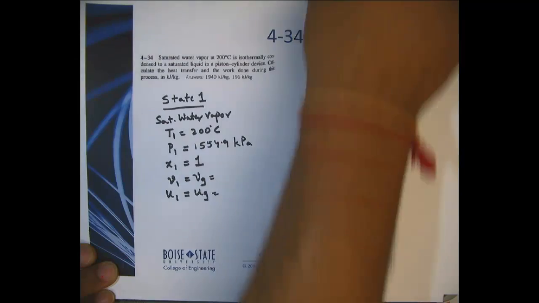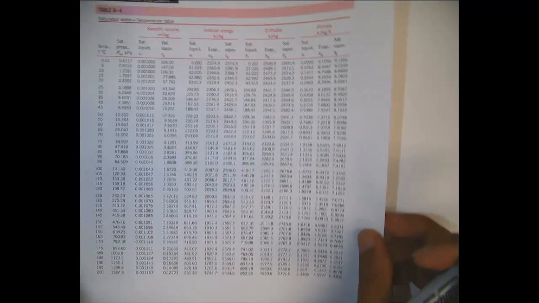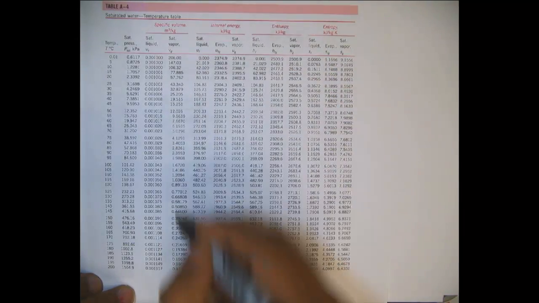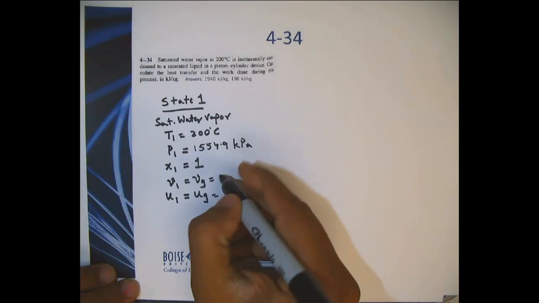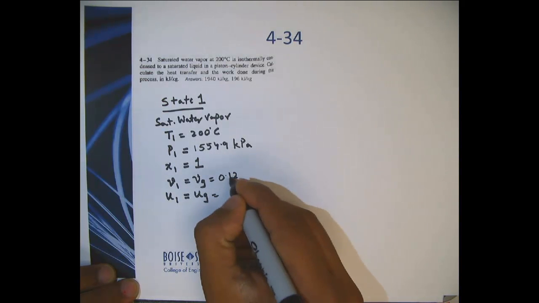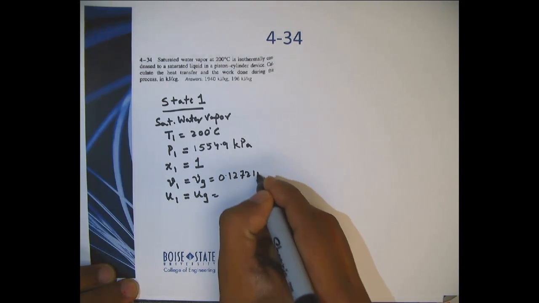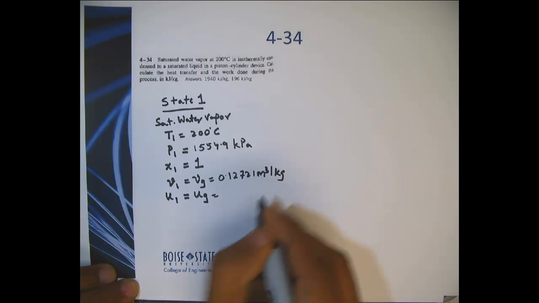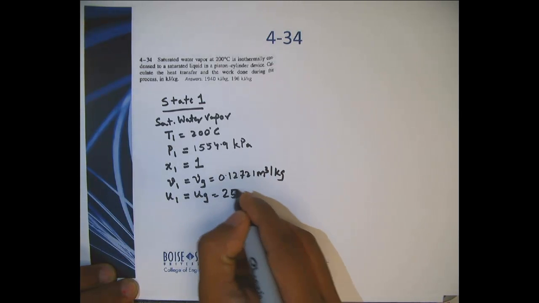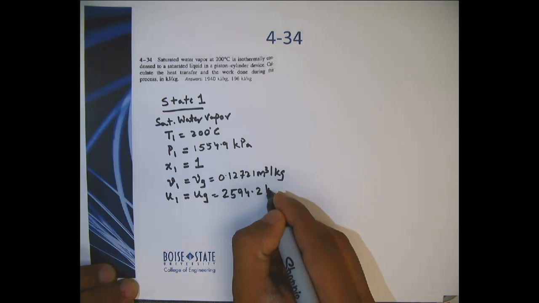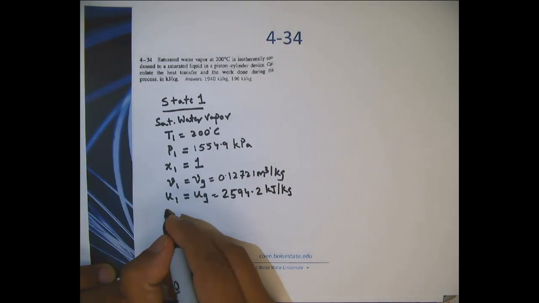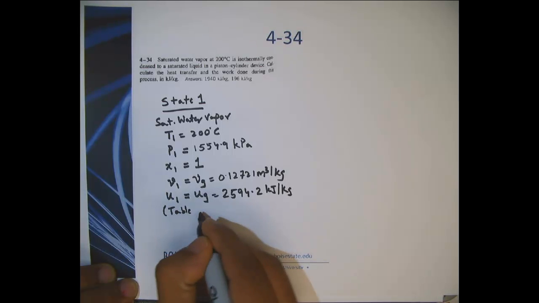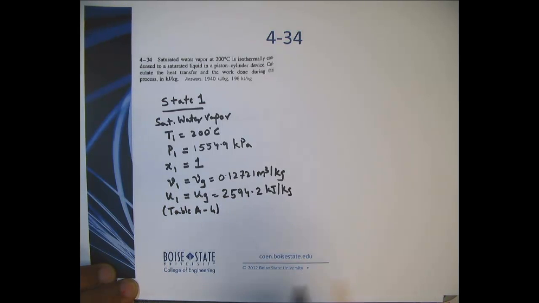Similarly, I can find Vg, which is given here, 0.12721 cubic meter per kg. And then from the same table, I can find the internal energy per unit mass. So all of this I got from table A4.